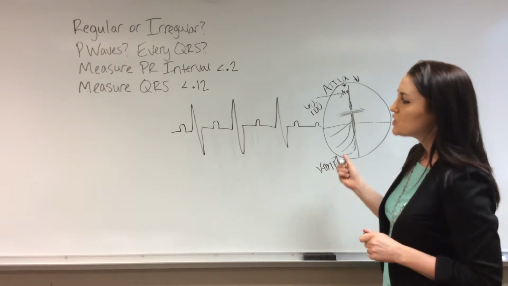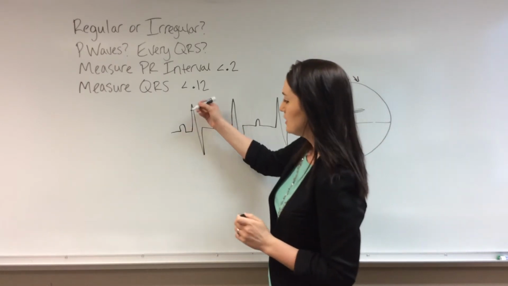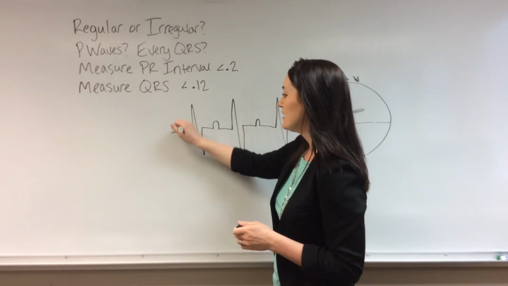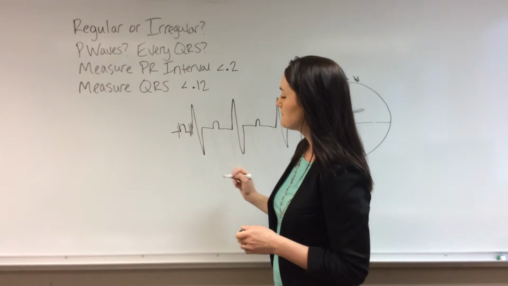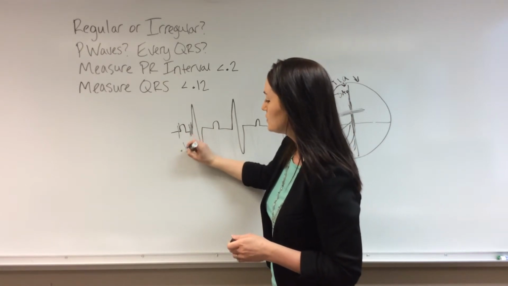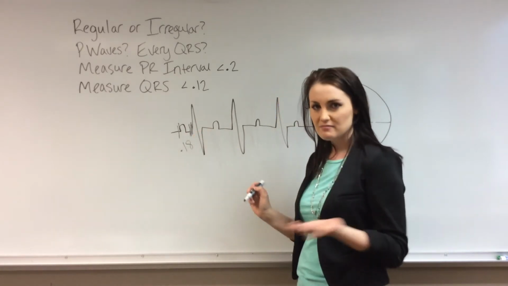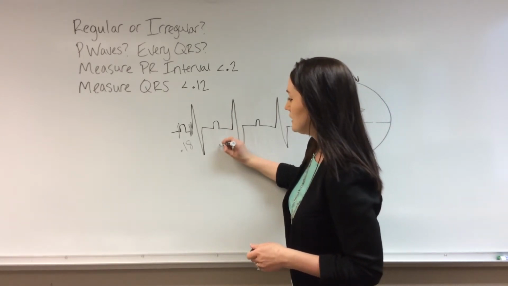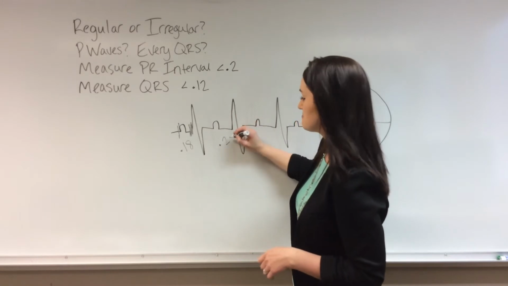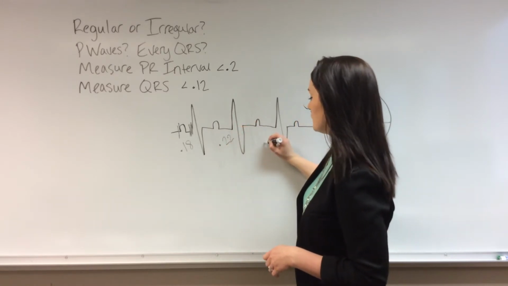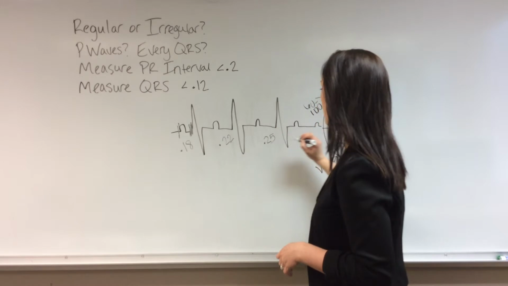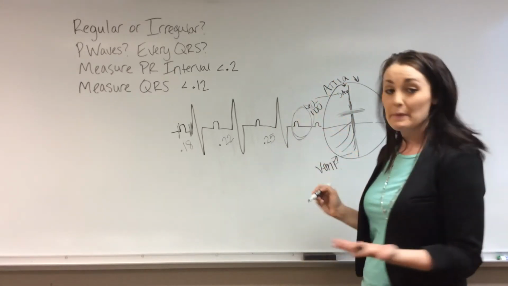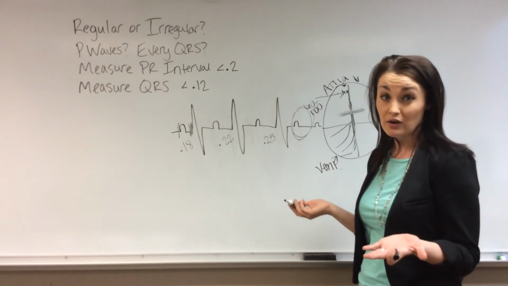Our PR, so we start out, and this isn't on EKG paper, so I'll provide it for you. Let's say this PR is 0.18. Okay, that's good, right? It's less than 0.2. As you go on, it's 0.22. This one is 0.25. And what happens to this one? It's a dropped beat. Finally, there's no QRS.